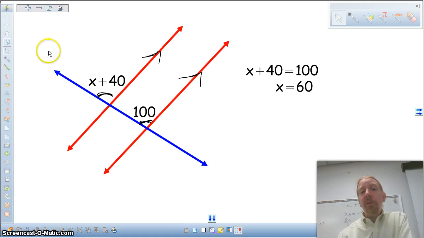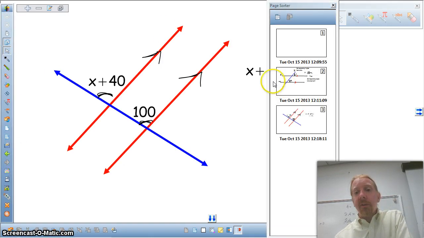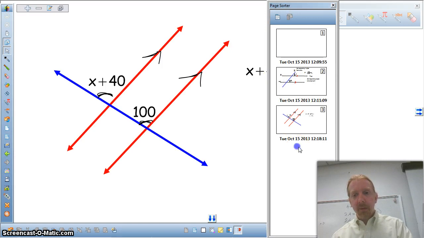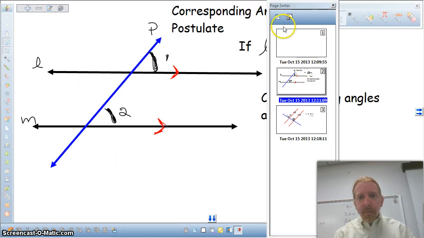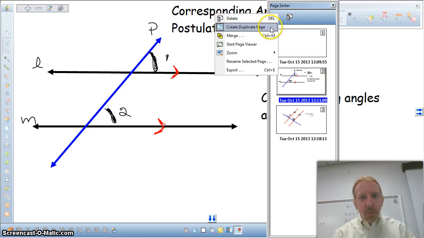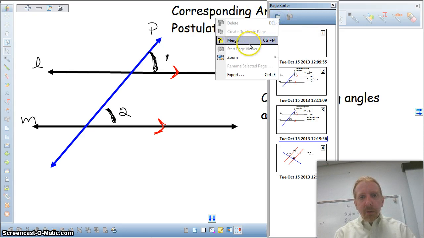Now there's a whole slew of theorems that follow. They all start on the same place that the first theorem we talked about started on. So let's go ahead. We're going to copy this in here. Duplicate. And we're going to do another one of those.